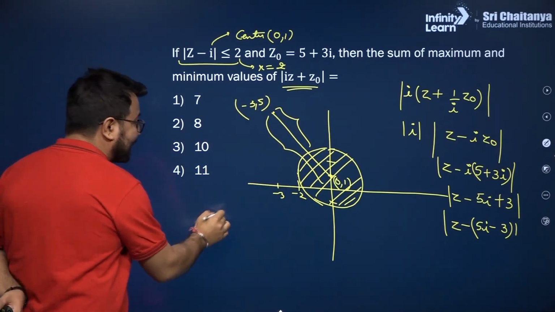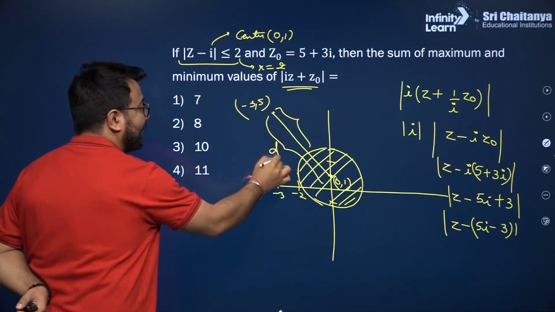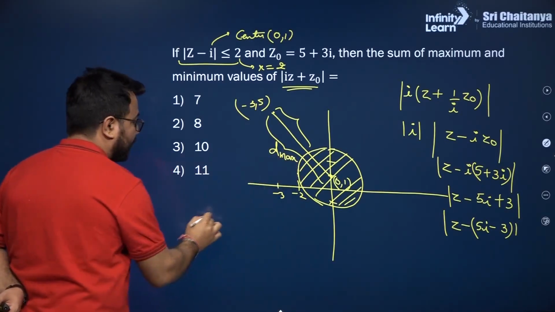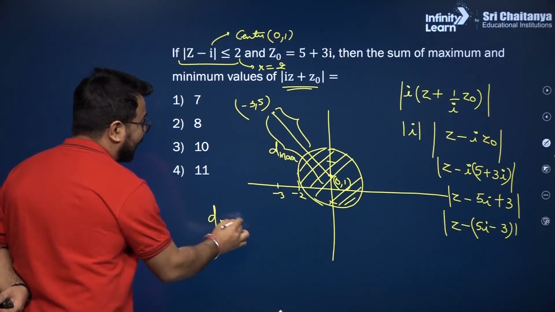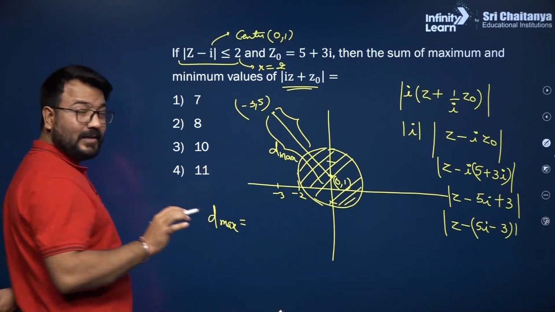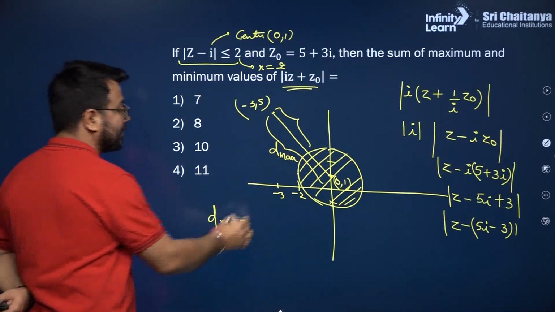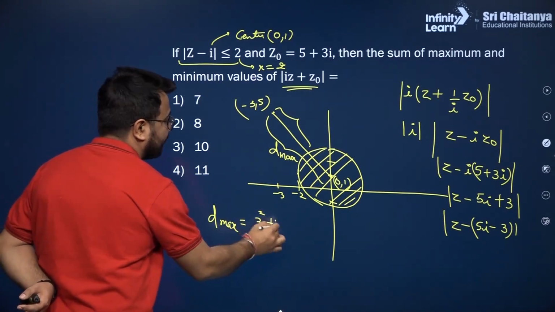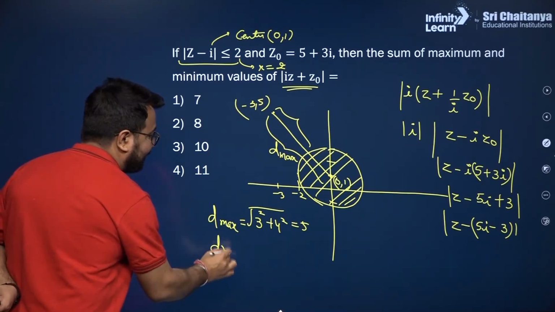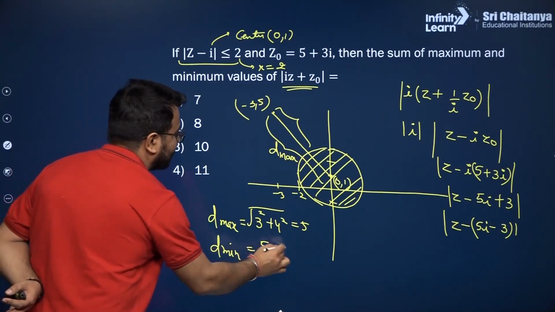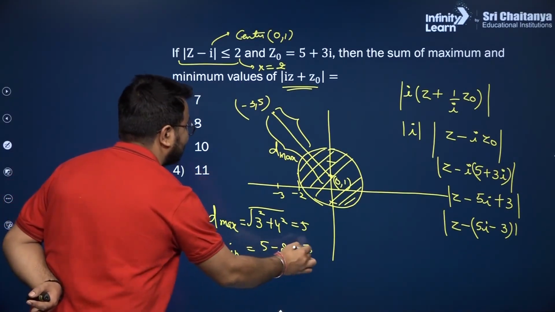Basically the maximum distance is represented by small d max. If I want to write it here, it can be observed with the help of the distance formula, that is, square root of 3 square plus 4 square, that will become 5. And if I want to get d minimum, from 5 we need to subtract the radius, that is 2, so it will be 3.